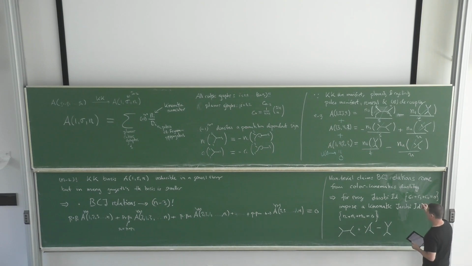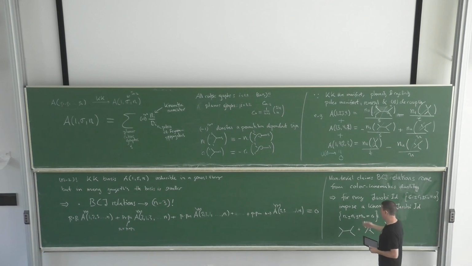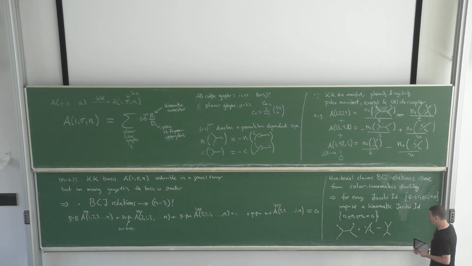To be slightly more precise, there could be a potential minus sign here, depending on how you have labeled your graphs. But if I define a certain ordering, 1, 2, 3, 4, and maintain that ordering, the identity should look like this.